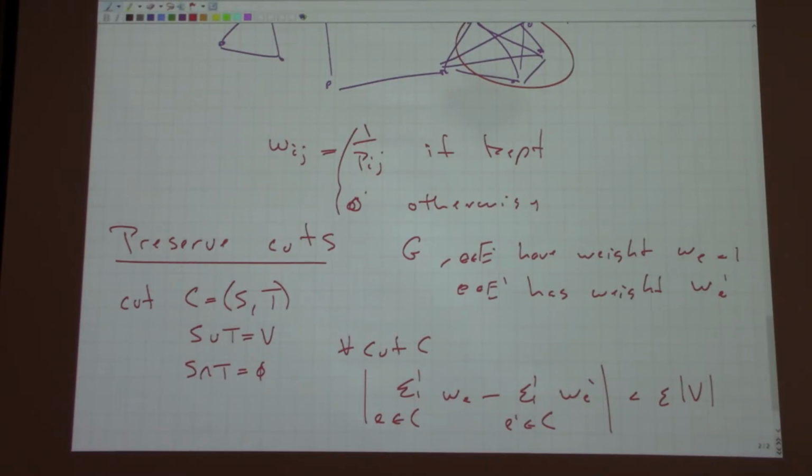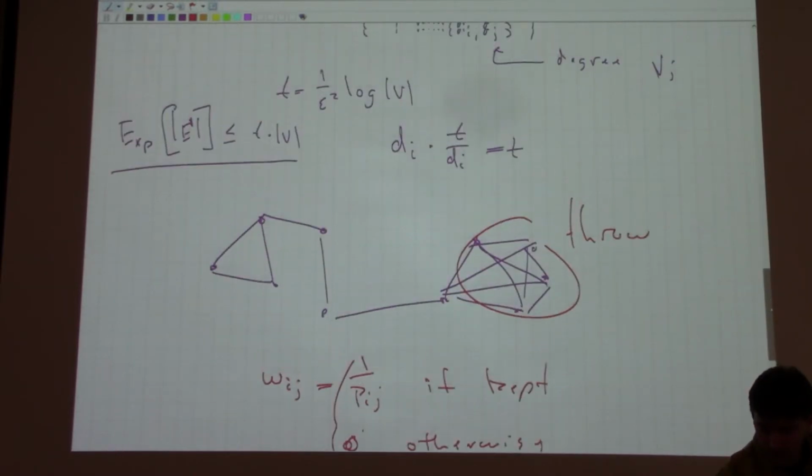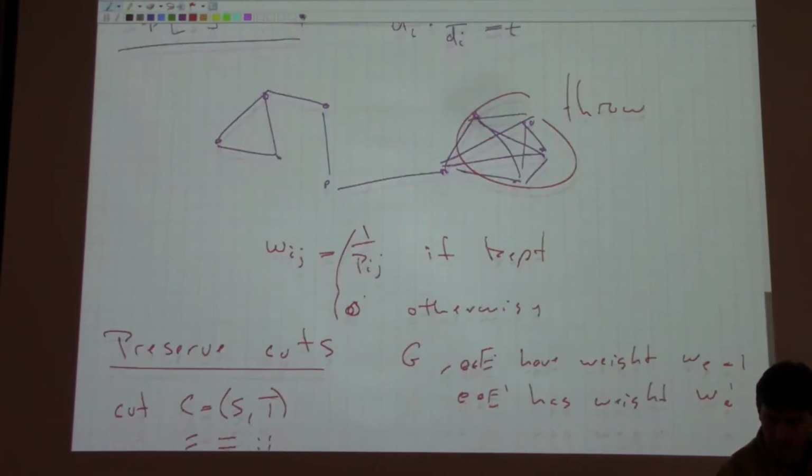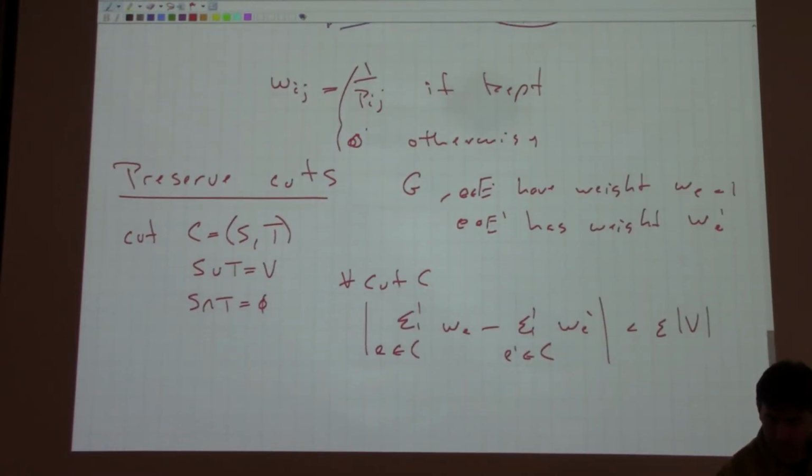And so if you are going to reduce the edges, to get this property you basically need to have T at this level here. T is going to need to be 1 over epsilon squared times log of V in order to get this property.